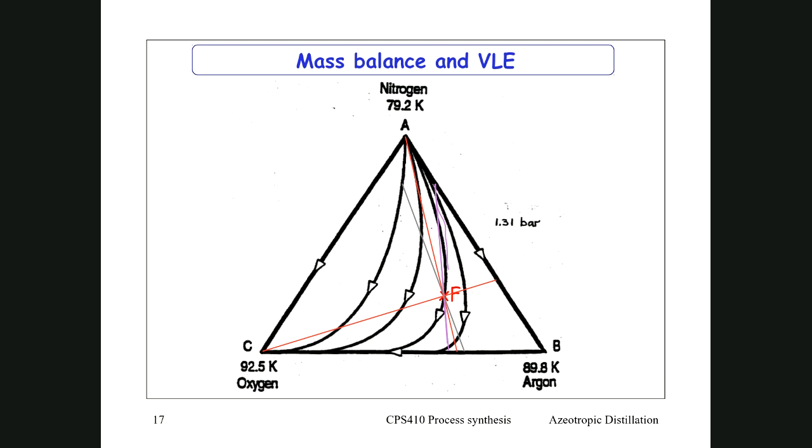We started over here. The mass balance says we must go through the feed, and the bottoms composition will be somewhere on the other side of this line. Now, we've got to find where this line crosses the same residue curve. And the line doesn't cross that same residue curve on the other side. So that's just not going to work.